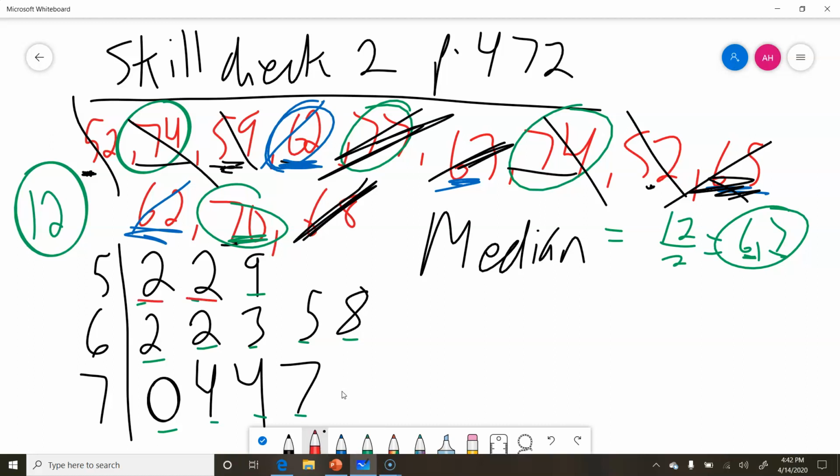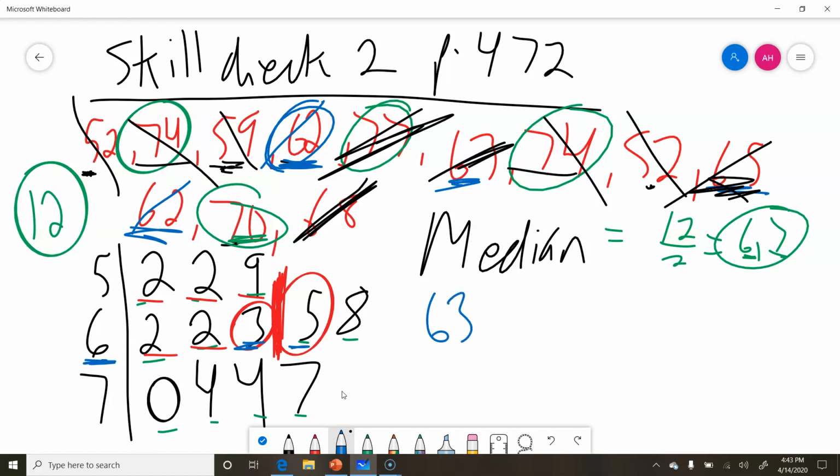I do 1, 2, 3, 4, 5, 6. And then I know I need the 7th term as well. There were 6 and 7. So the median is in between the 6th and 7th terms. Well, that's not very helpful because it's an even number, so it's in between, but I need an exact number. So what I do is I rewrite, see how this 6 belongs to the 63 and it was 65?